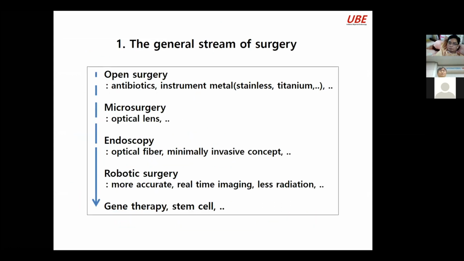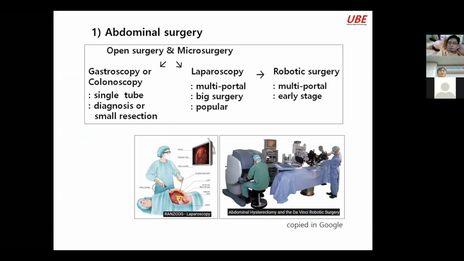The first content, the stream of surgery. We all know open surgery, microsurgery, endoscopy, robotic, and others. Especially in abdominal surgery, first we experienced open and microsurgery. Then two types of endoscopy. First, the one tube system, gastroscopy or colonoscopy: single tube diagnosis, small resection.